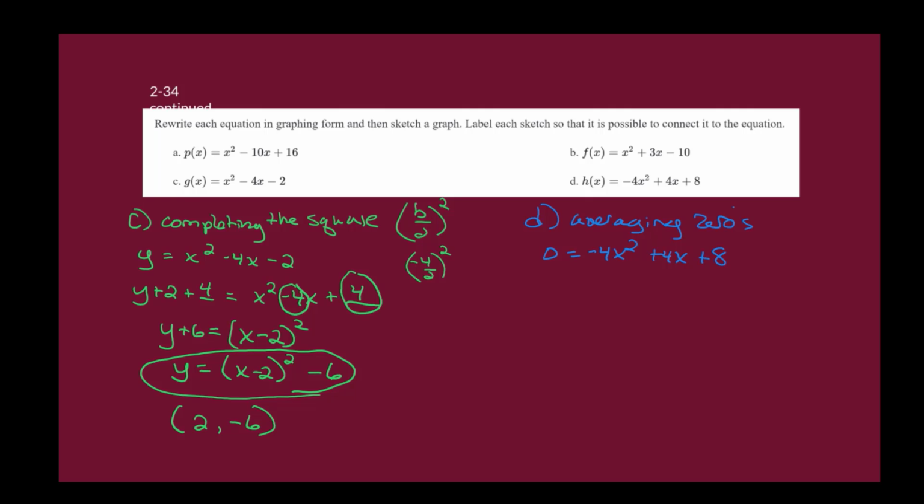So I've got to do my diamond method, so my A, C, and my B. A times C in this case is negative 32, and the B is a positive 4. So our 2 numbers that multiply to a negative 32 and add up to 4 are 8 and negative 4.